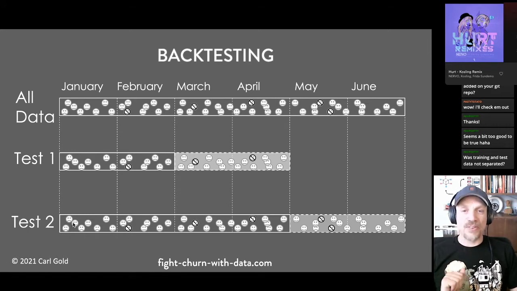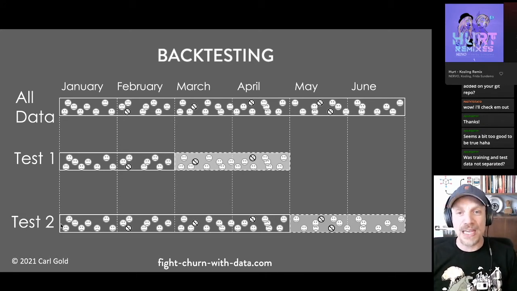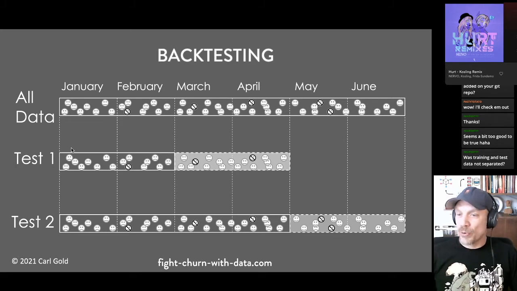And that way the test will be on examples that were not used to train it. Then you can do the same trick again. Move the simulation forward. This is like a historical simulation. It is a historical simulation. So backtesting is a historical simulation approach to validating your model. And we'll go through the code for this in just a minute. So we get to test 2, and now we're going to use March and April to fit the model in this period.